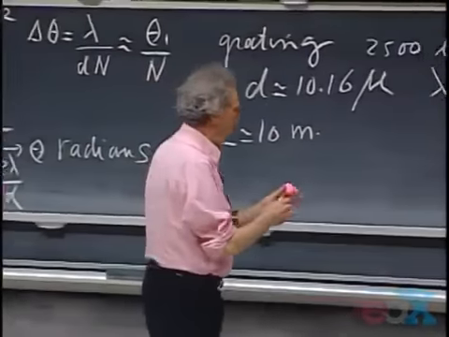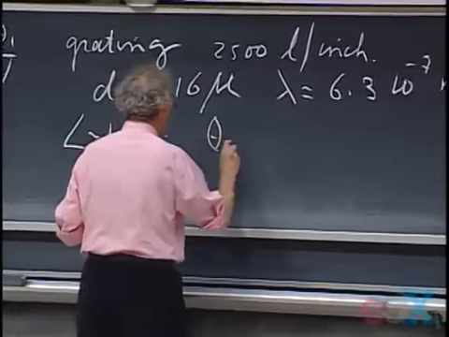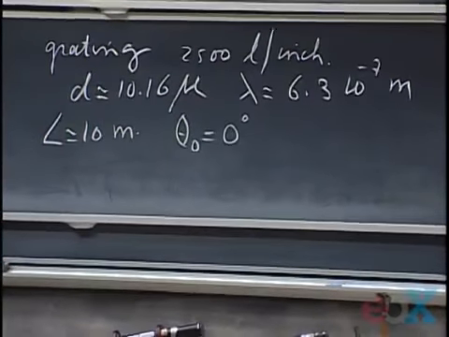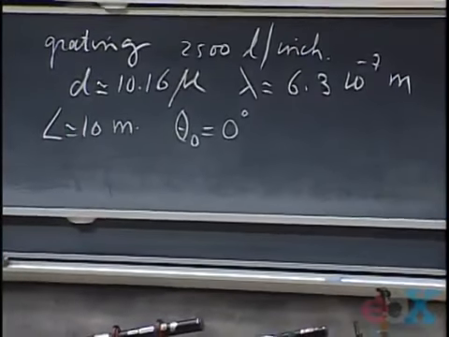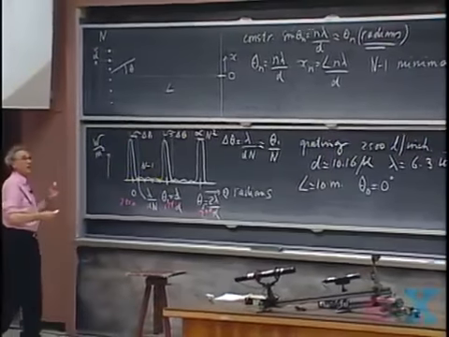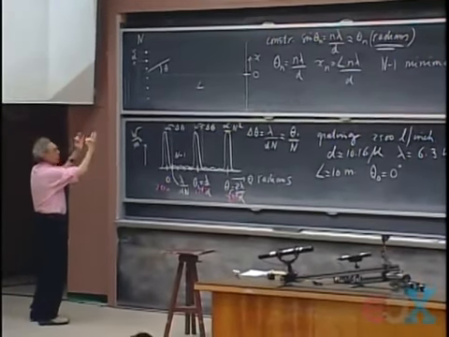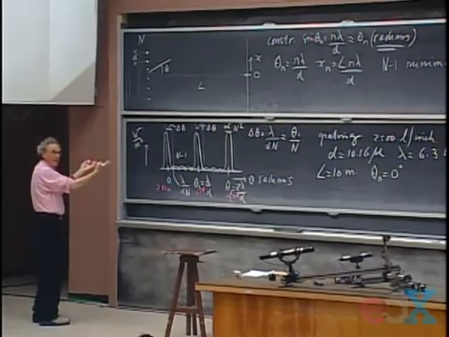So I can predict now where the zero order will be. When N is 0, that is 0 degrees. That's immediately obvious. I use that equation. If N is 0, the zero order is always right at the center, provided that all these sources are in phase. And they will be in phase because I use plane waves. So Huygens will tell you that they're going to oscillate exactly at the same time.